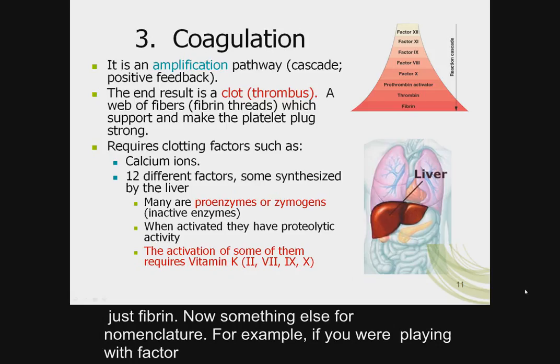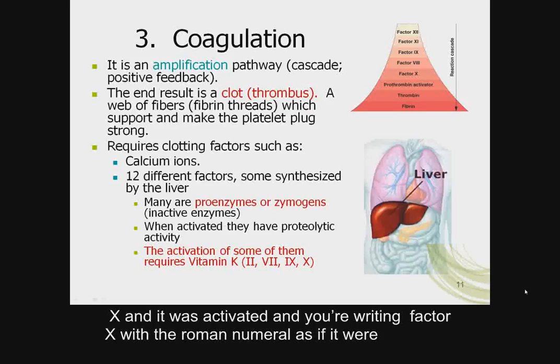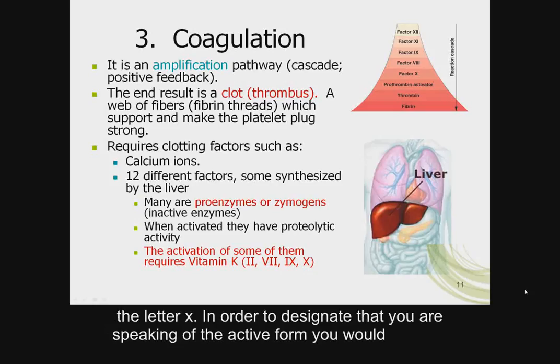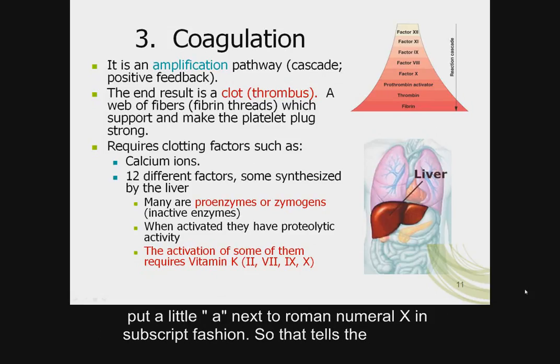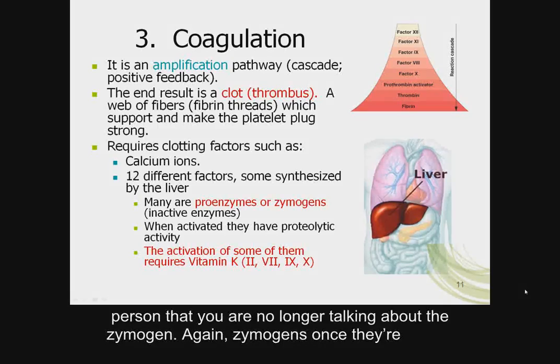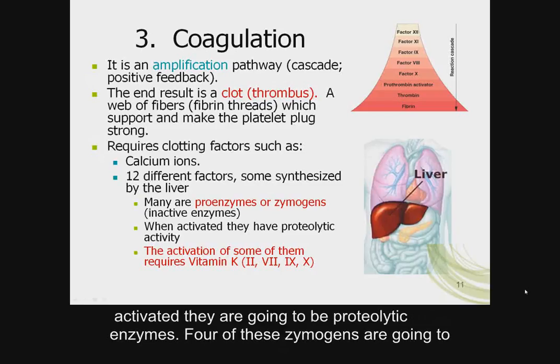For example, if you were playing with factor 10 and it was activated and you're writing out factor 10 with the Roman numeral as if it were the letter X, in order to designate that you are speaking of the active form, you would put a little a next to the Roman numeral X in subscript fashion. So that tells the person that you are no longer talking about the zymogen. Again, zymogens, once they're activated, are going to be proteolytic enzymes.